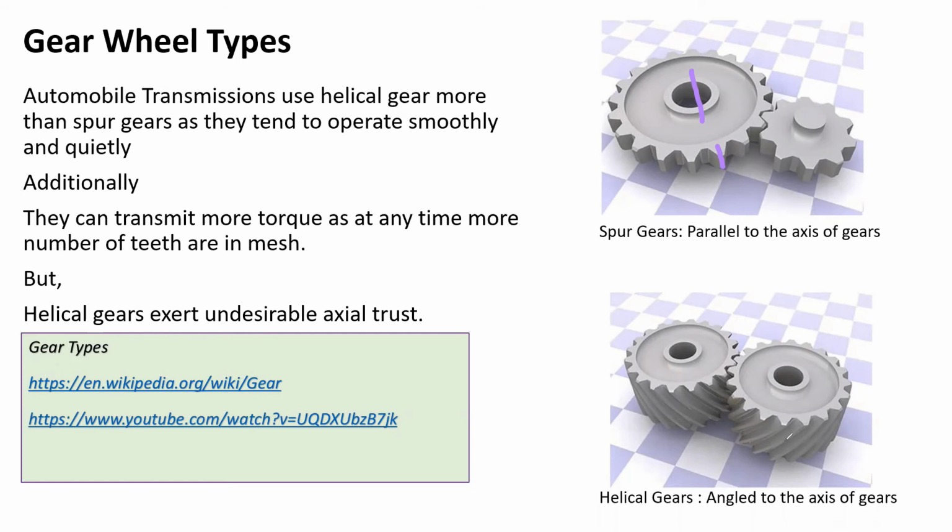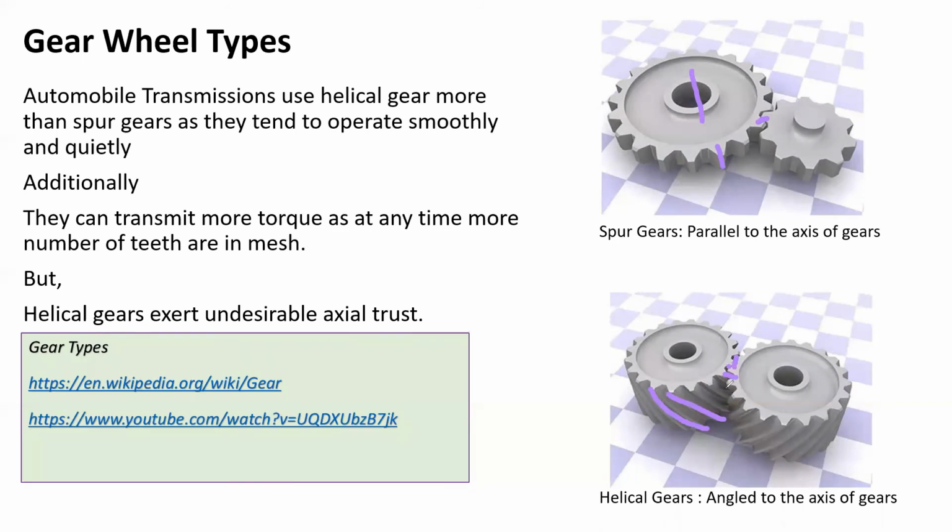This is known as helical gears. As you can see over here, the gear teeth are angled, sort of curved. As a result, these gears have a contact patch. It's not only one tooth being connected; two or more teeth will be in contact all the time.